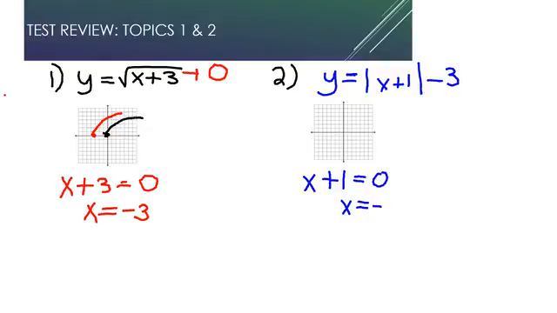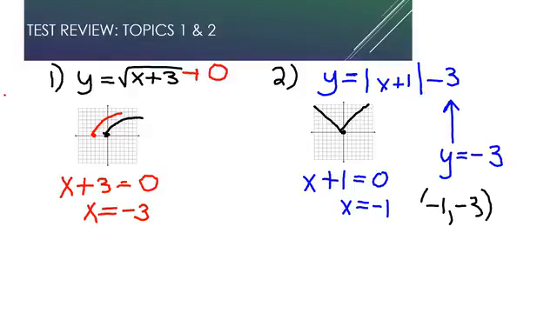And then also, this is where the y goes. Y equals negative 3. So, where the point is 0, 0 here, right there. Now the new point is going to be negative 1, negative 3. I'm going to shift it left 1, down 3. About right there.